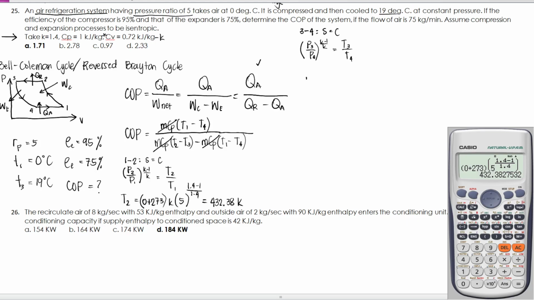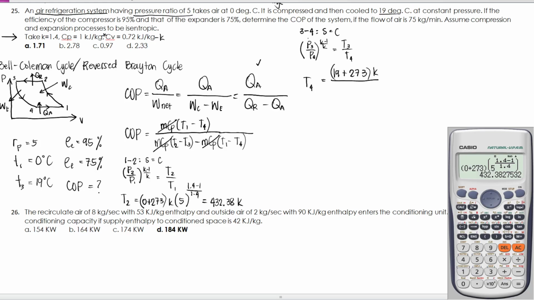So, kuhanin natin si T4. So, again, ang gagawin ko dito, yung T3 nandito, tapos etong may pressure na to, ilalagay ko dun sa ilalim. So, pagpapalitin ko sila ni T4. So, T3 natin dyan is 19 plus 273 para absolute din in Kelvin.